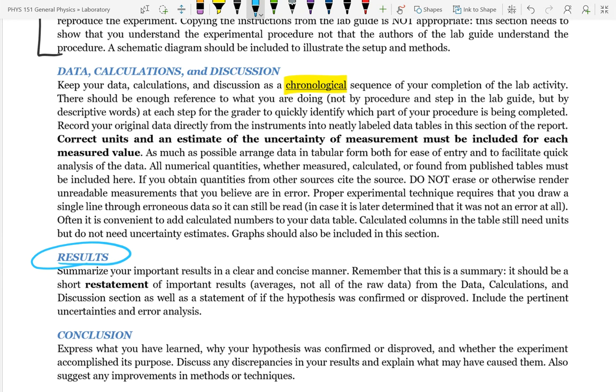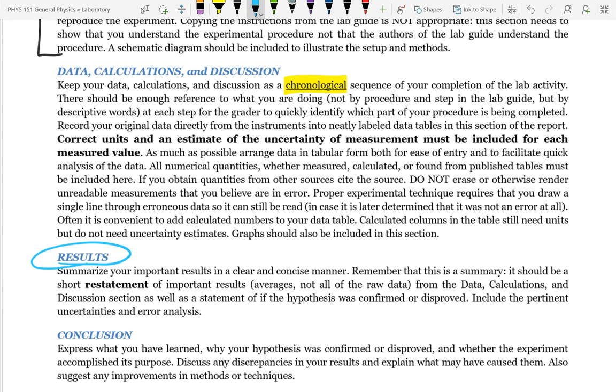The average of the diameter. The mass of the ball, the average that you got, that's an important outcome. The density of the ball, those are what you're putting in for your results, not each individual measurement. Everything in the results section should have already appeared in the data, calculations and discussion section, right? So the results is nothing new. It's just summarizing these were the important outcomes.